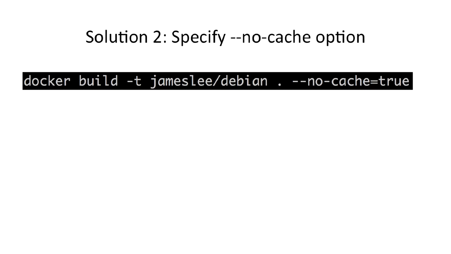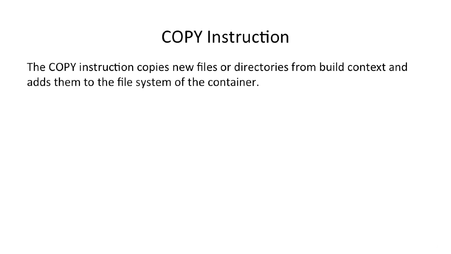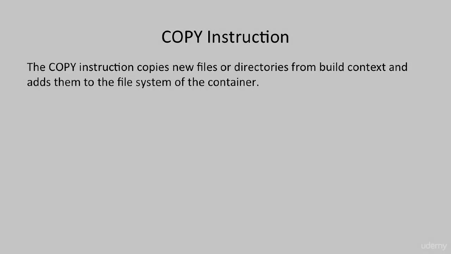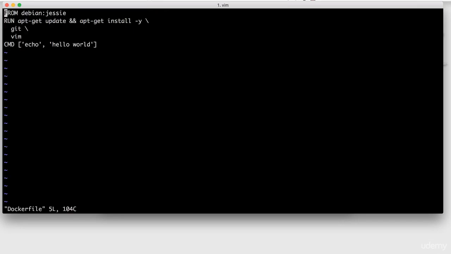Next, let's talk about the COPY instruction. The COPY instruction copies new files or directories from the build context and adds them to the file system of the container. Let's see this in action. Here, we add an abc.txt file in my current directory. Let's modify the Dockerfile.